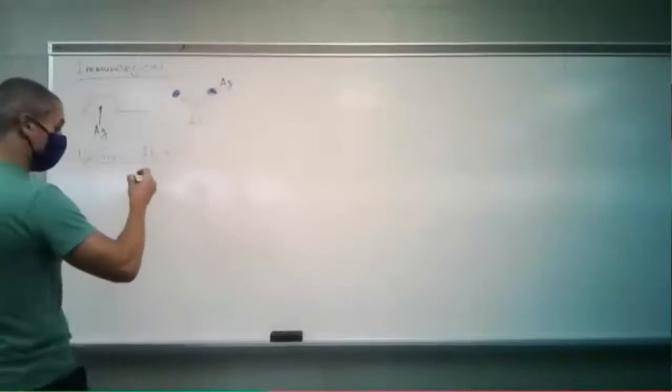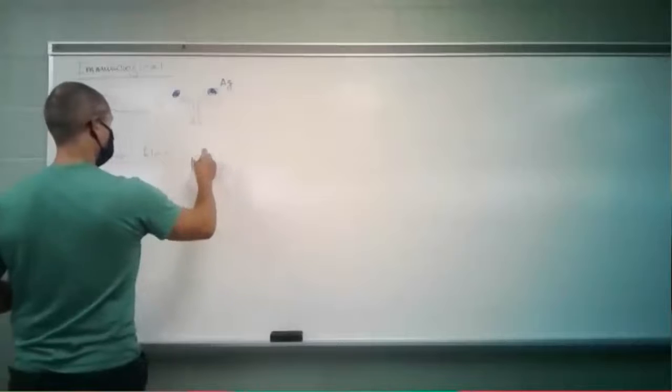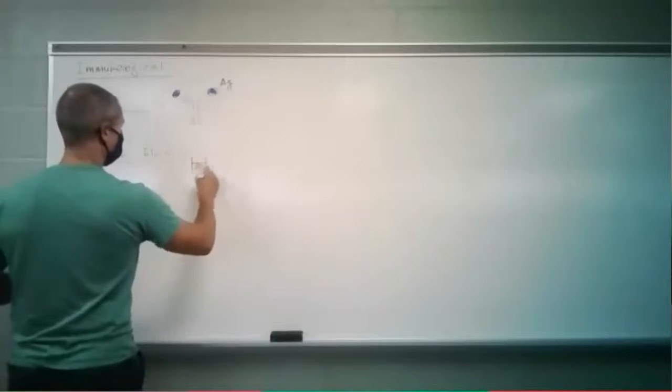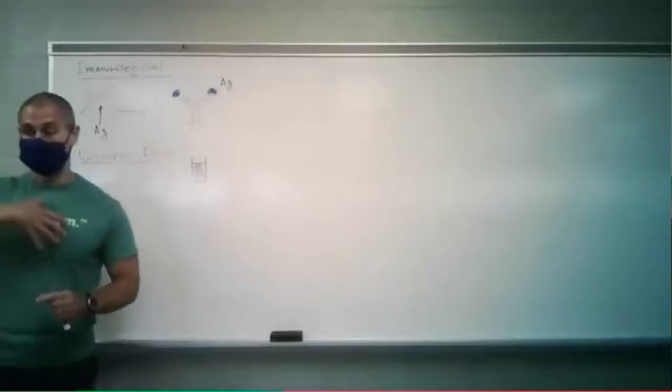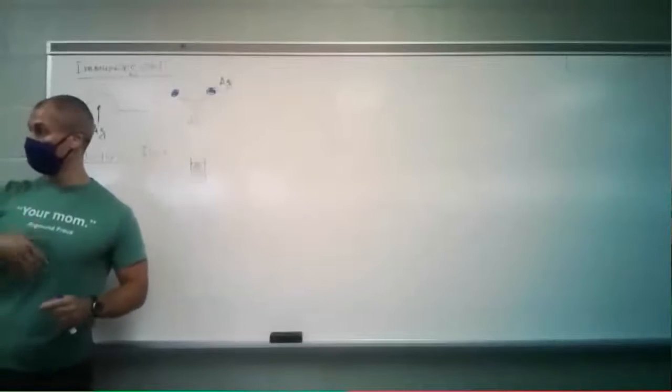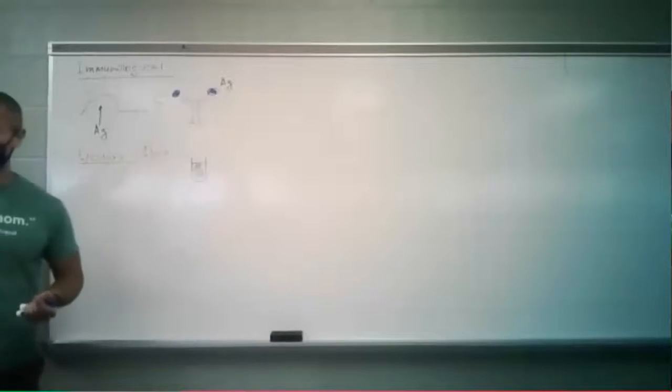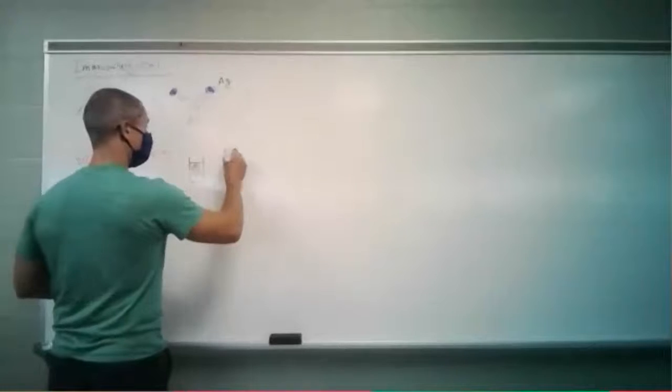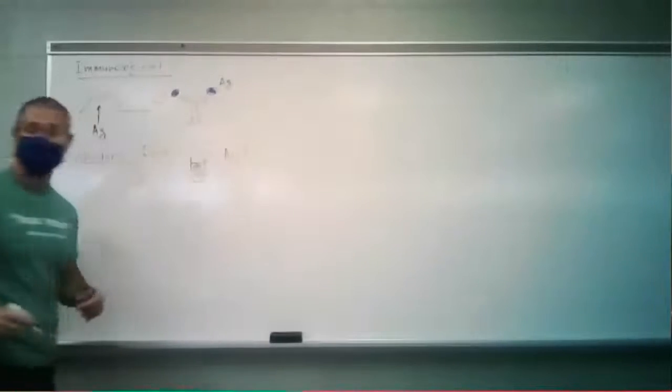Imagine that this right here is a sample of, let's say, a patient's bronchoalveolar lavage. We're talking about a coronavirus patient, so the wash from the patient's lungs. And we want to know whether the patient's lungs contain antigen. That's the big question.